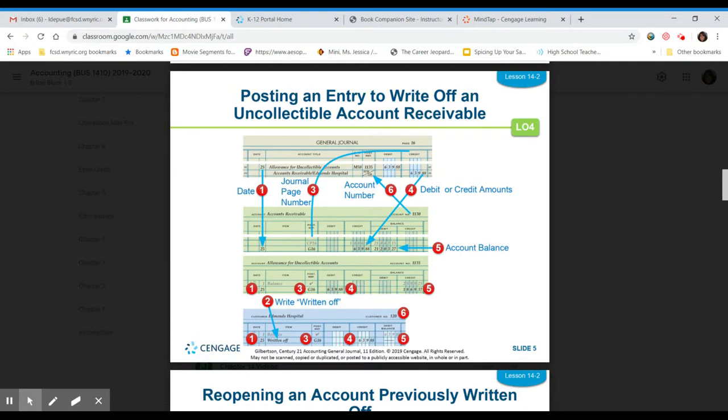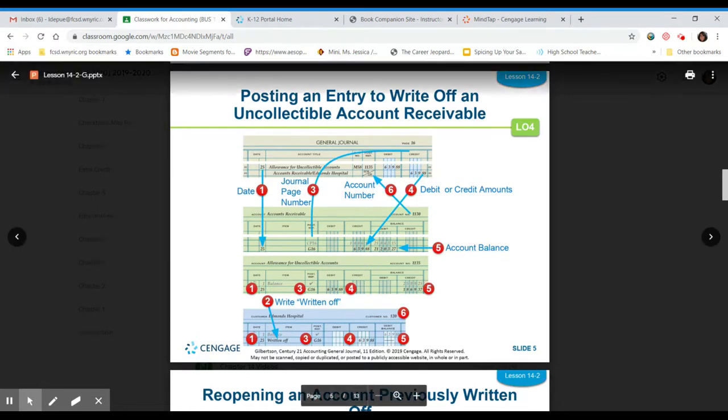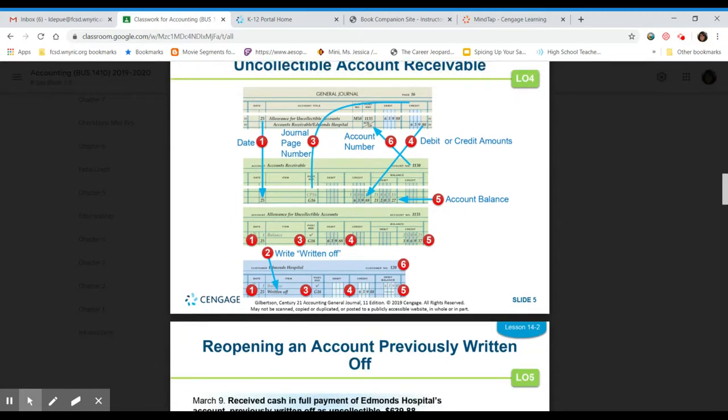And then when we post to Edmonds Hospital down here, it shows in the item we have to write the words written off. So that's something new that you have not done before. So we have to write written off and the amount of the credit. And when we had a normal debit balance, when it's written off, it means now they owe us nothing. We collected nothing, and they owe us no more because we wrote it off.